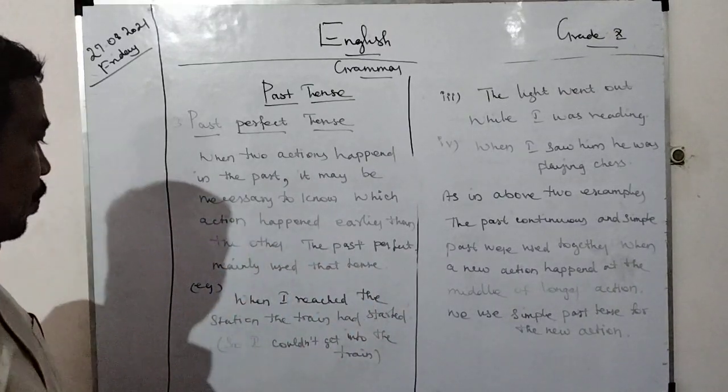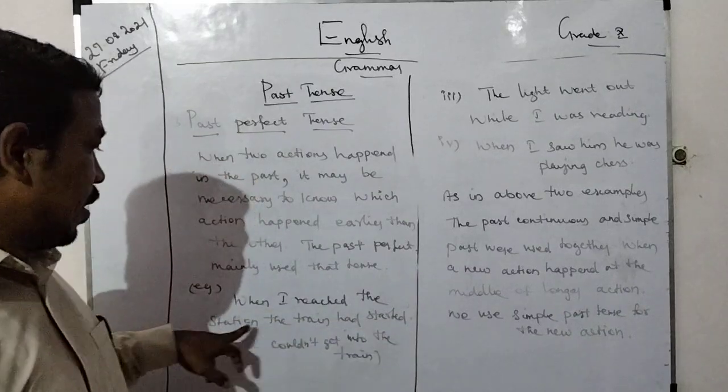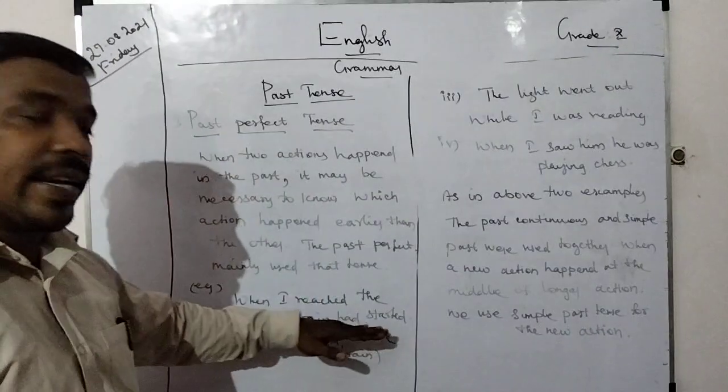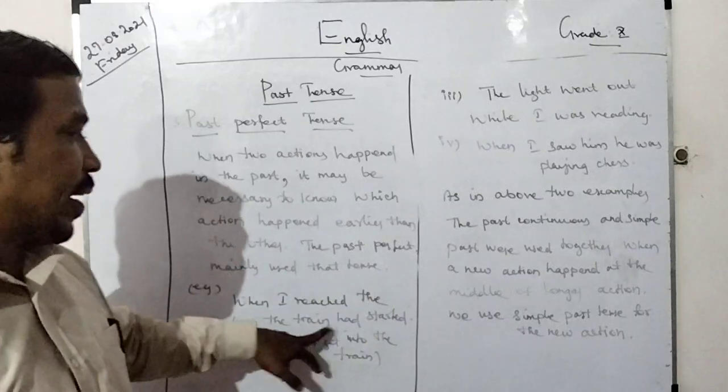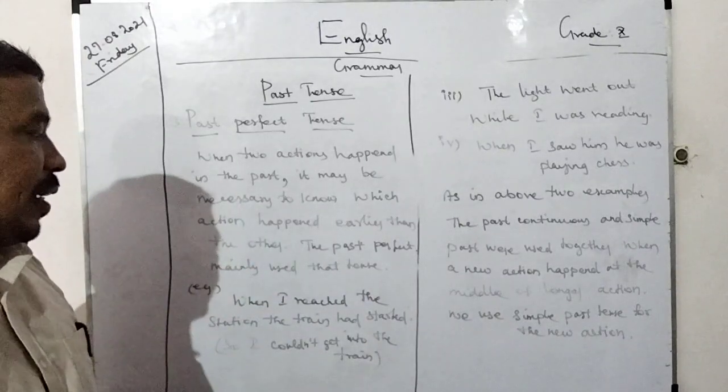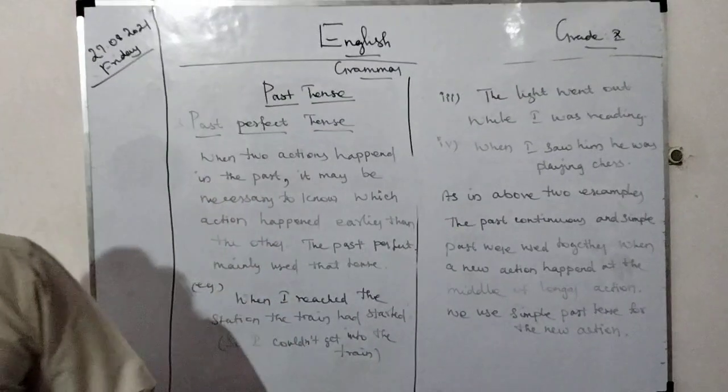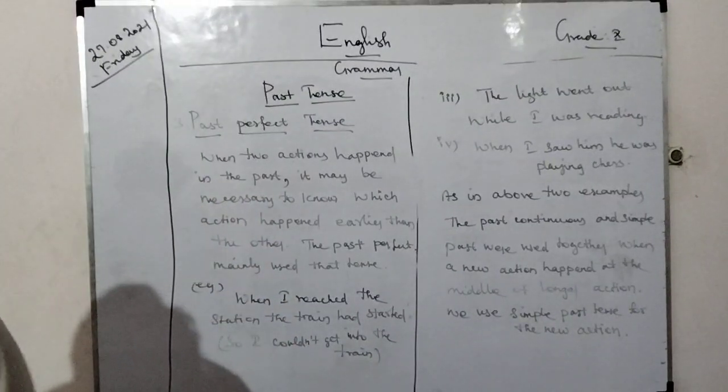Very, very important. When I reached the station, the train had started. The train had started is the first action. When I reached the station, the train had started, so I could not get into the train.